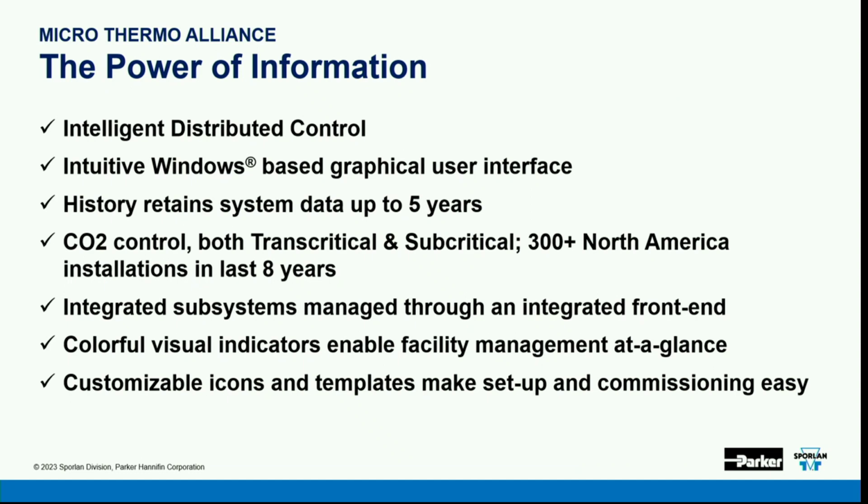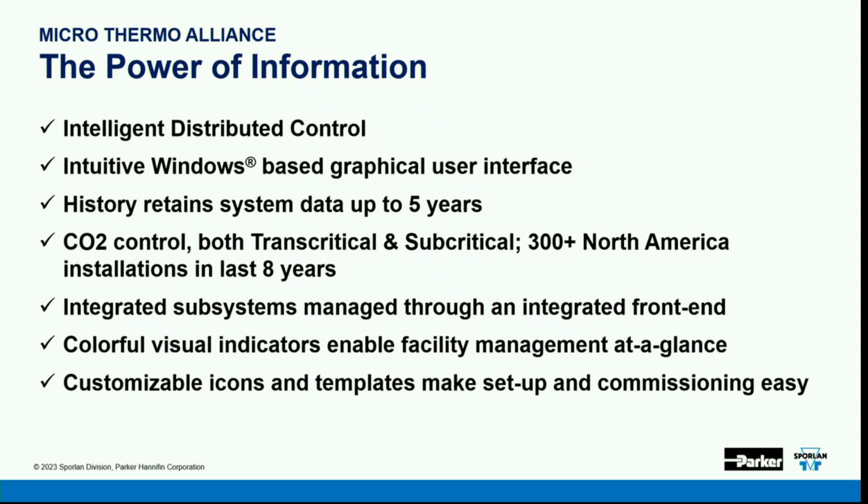So we say with Microthermo Alliance, it's the power of information. So it's intelligent distributed control. As I said earlier, think of these nodes as microcomputers. And we distribute these all throughout the store or the facility. History is retained for up to 5 years. As I said, we've done over 300 CO2 stores in North America.